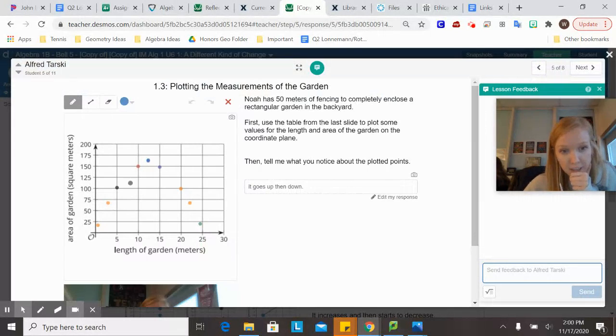It's increasing for a certain amount, and it reaches its peak here at the 12.5. On our last slide, someone observed that it has the greatest area when the length and width are both 12.5. Then it starts to decrease again as my length increases. So that is a perfect graph: it goes up and then it comes back down.